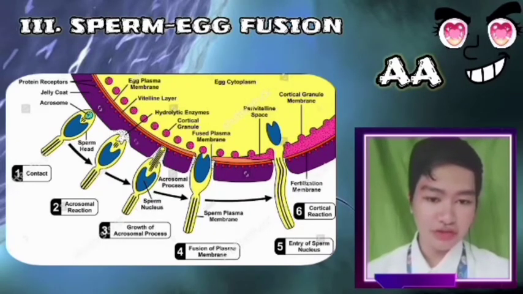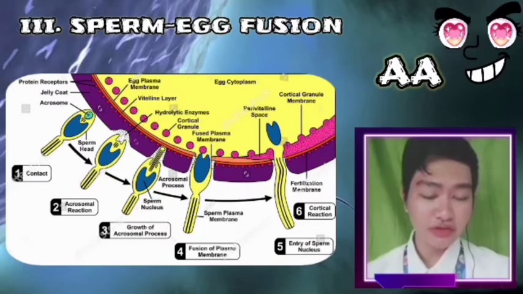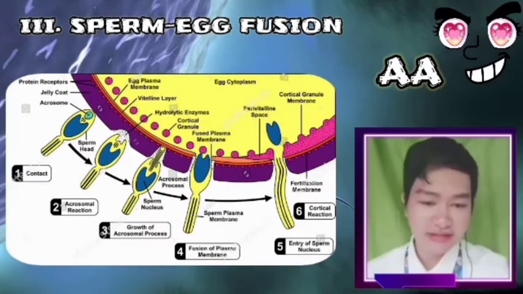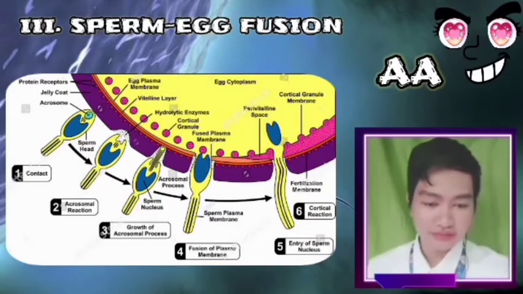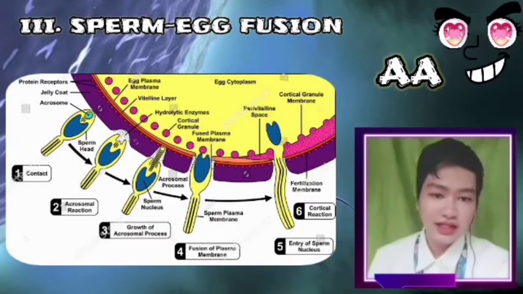In gamete fusion, as in other fusion events such as virus-cell and intracellular vesicle fusion, membrane fusion is a two-step process. First is the attachment of two membranes through cell surface molecules, followed by physical merger of the plasma membrane lipids.